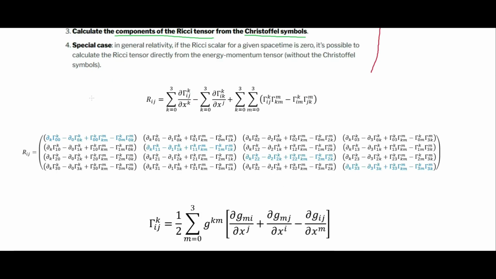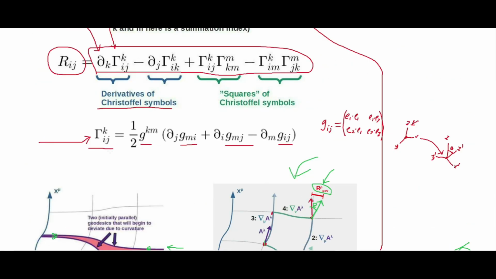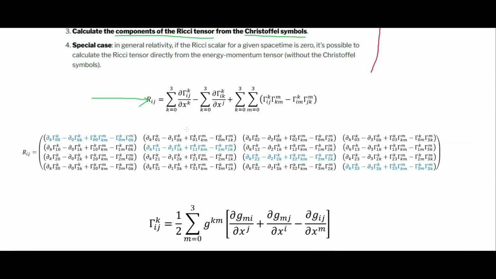Here we have the Ricci tensor with the summations explicit. I just took this and made the summations on each of these terms explicit. So we have these Christoffel symbols, or the derivatives of these Christoffel symbols, and then these products of the Christoffel symbols.